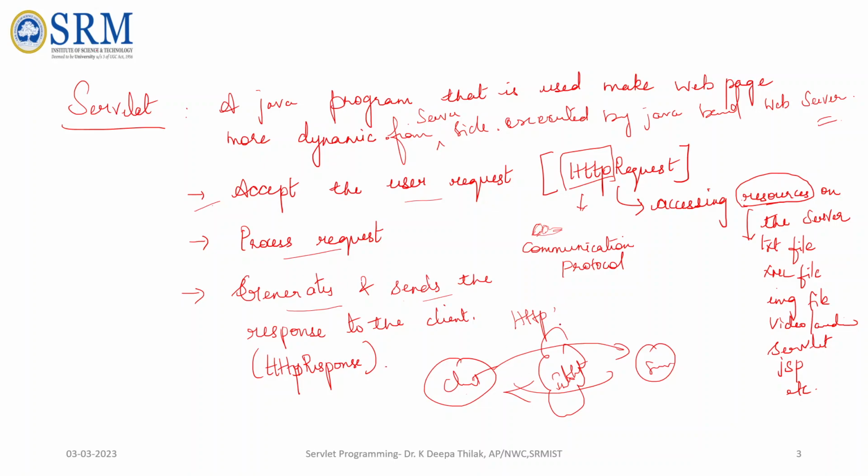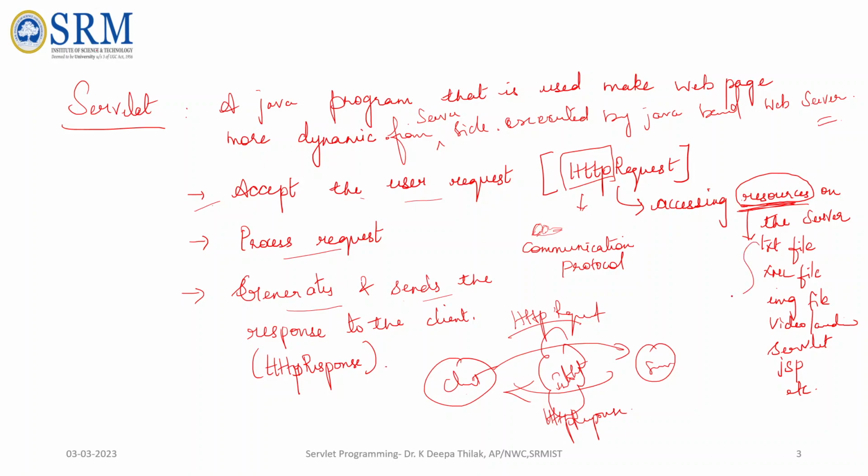If I want to send a request, I use an HTTP request, and what comes back is called the HTTP response. In the request itself we have the resource, that is, what resource the client needs from the server side.